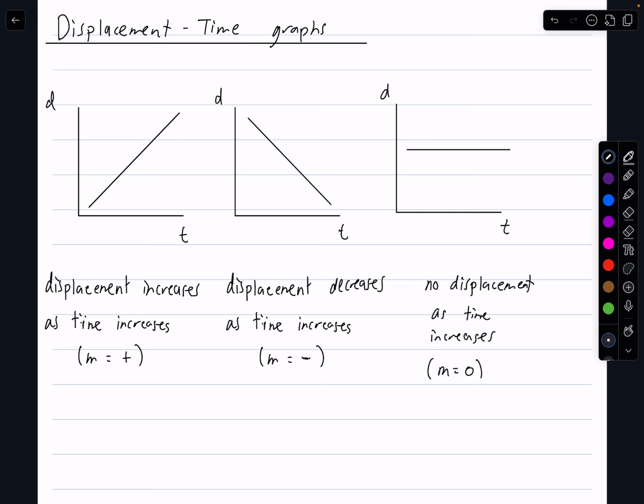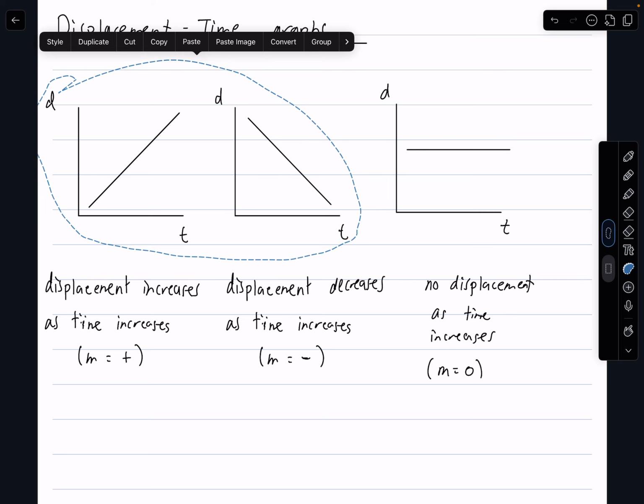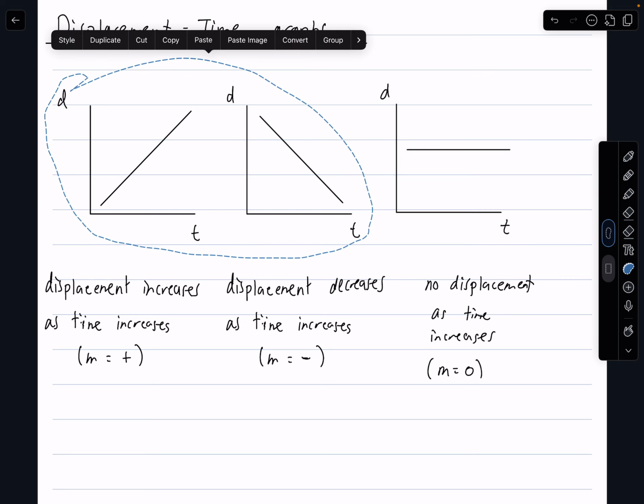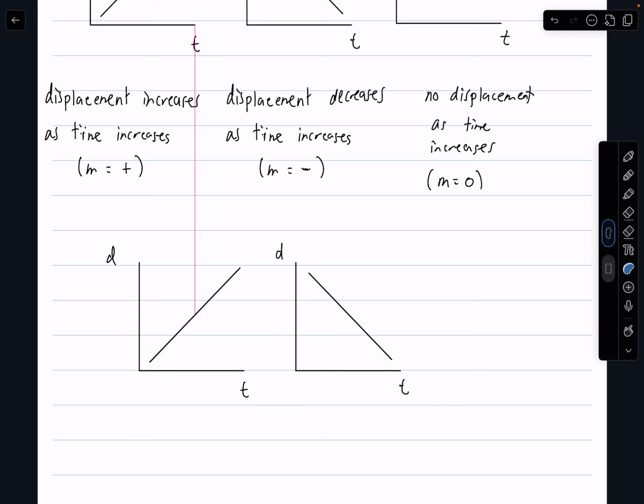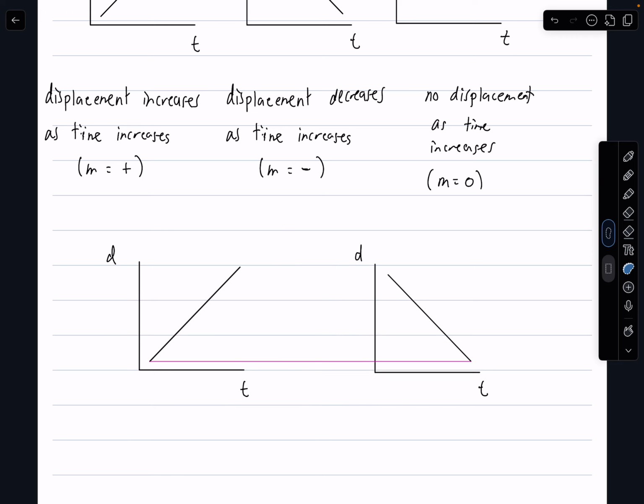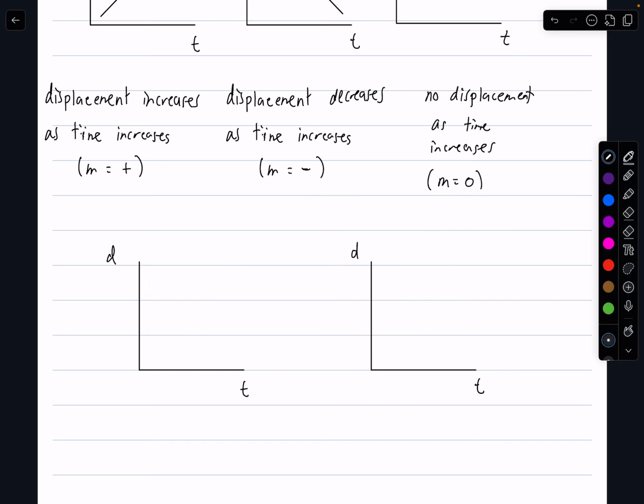Now, this seems pretty straightforward with straight lines. But what happens when we have curved lines? So let's take a look at another example. What if we had curved lines? So what if the displacement looked like this or like this?